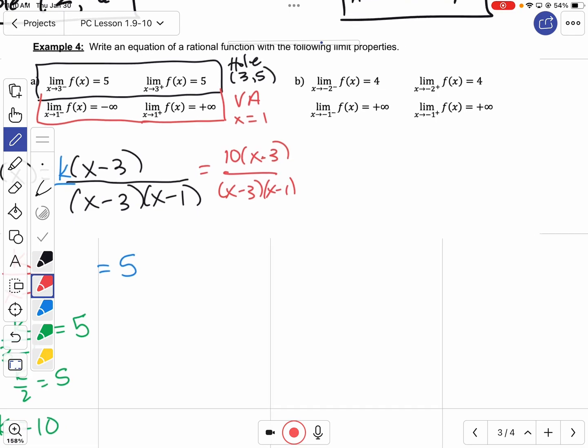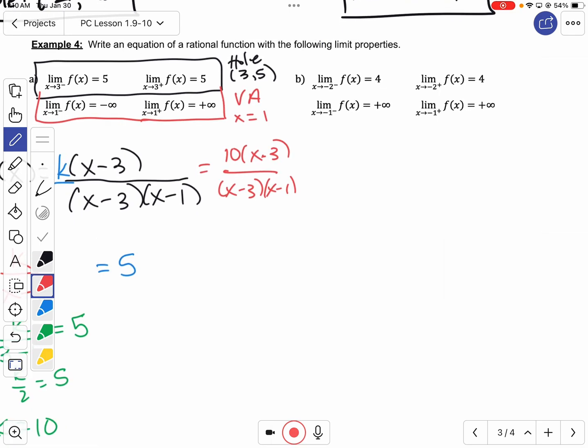All right, let's look at this bad boy, because he's got a lot going on too. Okay. So I've got the limit as x approaches negative 2 from the left and the right equals a number. What does that represent? That's a hole.